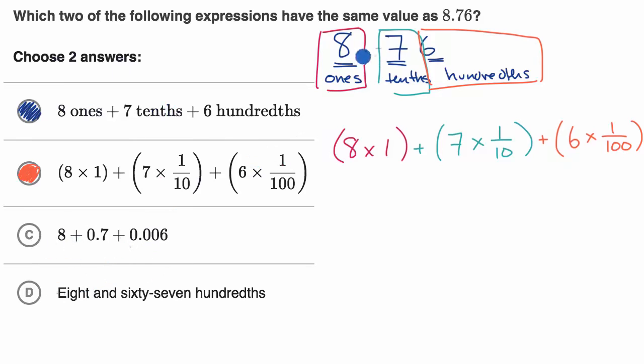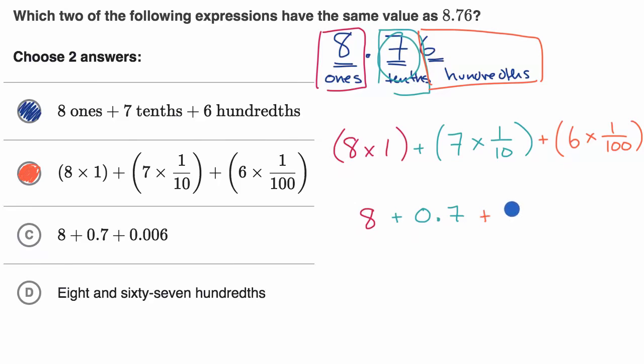So if we were to write this out and take out each of the decimal parts, so the 8 ones, you would just write that as 8. The 7 tenths, well, that would be plus 0.7. This is 7 tenths right over here. This and this part right over here are all equivalent. And then last but not least, you have your 6 hundredths.